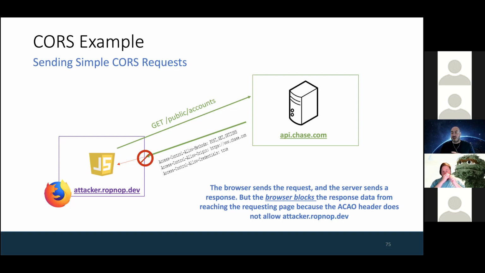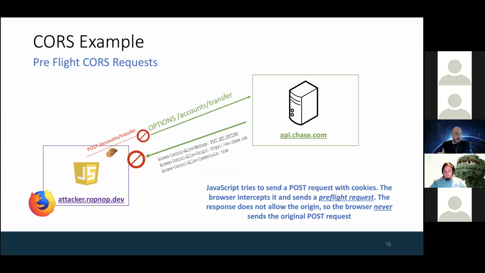So if we're reaching out to api.chase from a website called attacker.dropnop.dev, because the actual domain dropnop.dev does not match chase.com, it'll be stopped. The browser makes that decision because there's a mismatch in the identification, so the request gets denied.